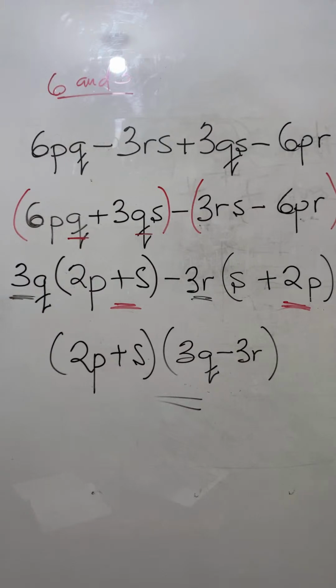If you're able to get to this stage, then you are basically done. So we have 2P plus S and 3Q minus 3R. Easy peasy.